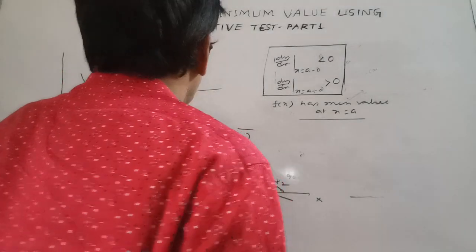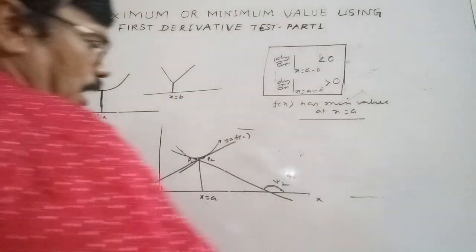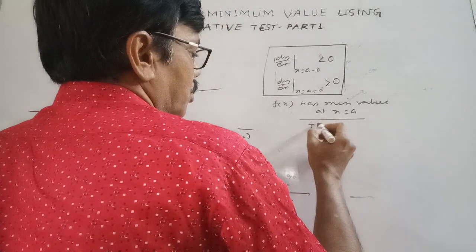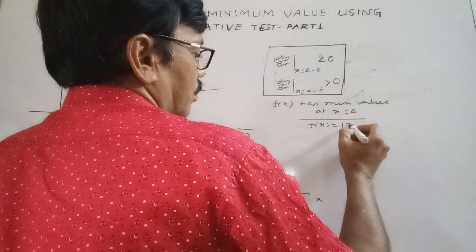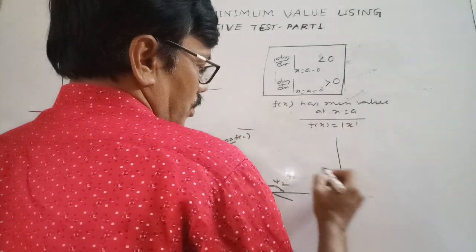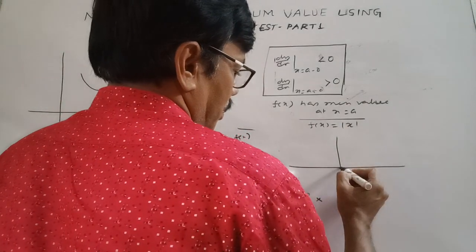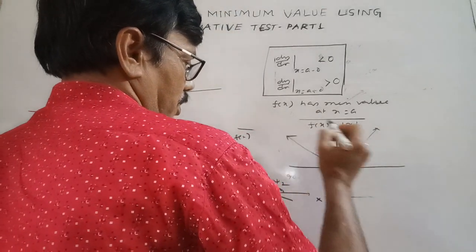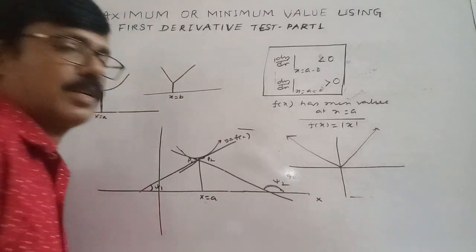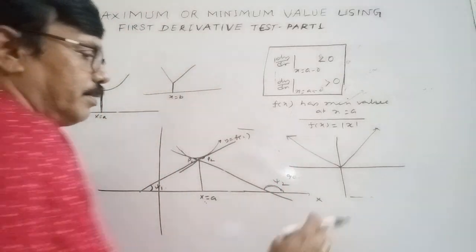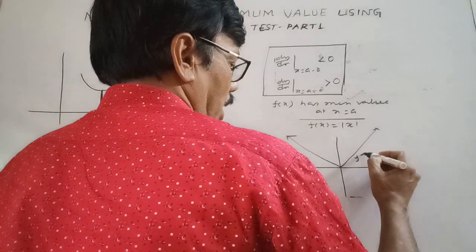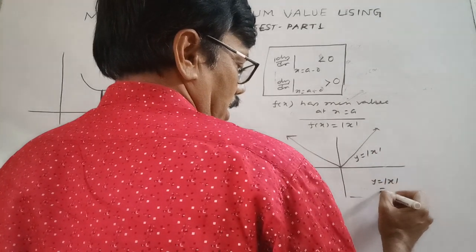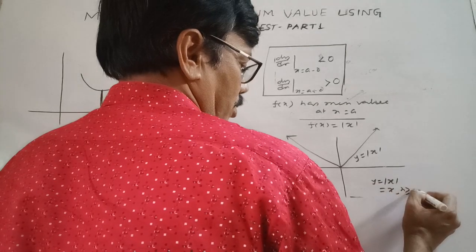Now, take a practical example. f(x) equals mod x. So what is the figure? This one. This is y equals mod x. So y equals mod x, x greater than or equal to 0.